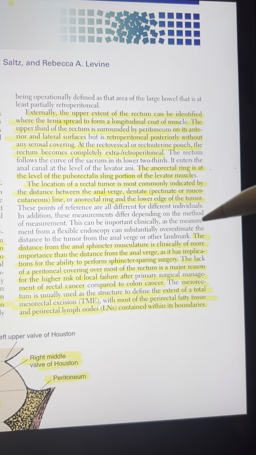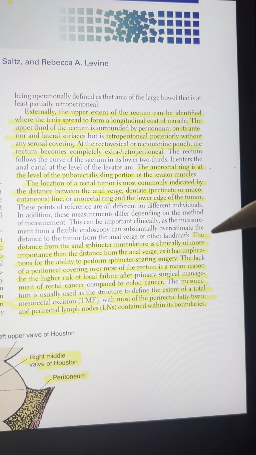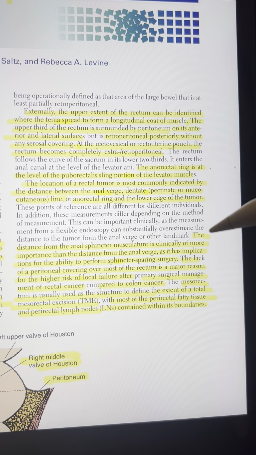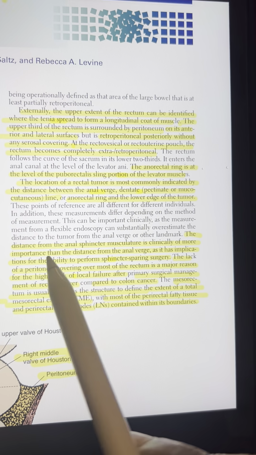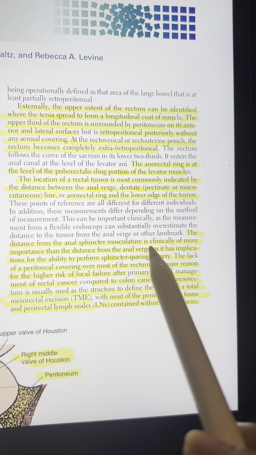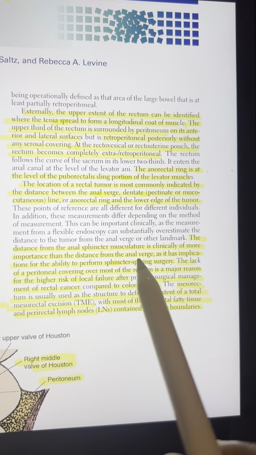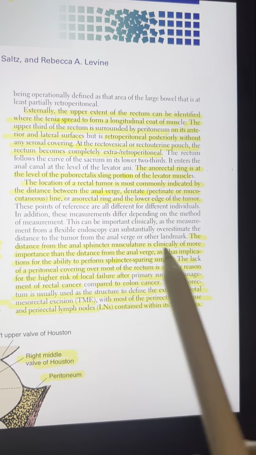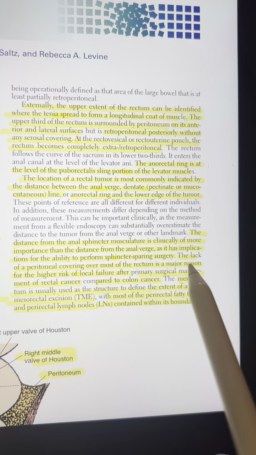This can be important clinically, as measurement from the flexible endoscope can substantially overestimate the distance to the tumor from the anal verge or other landmarks. The distance from the anal sphincter musculature is clinically more important than the distance from the anal verge, as it has implications for the ability to perform sphincter sparing surgery.